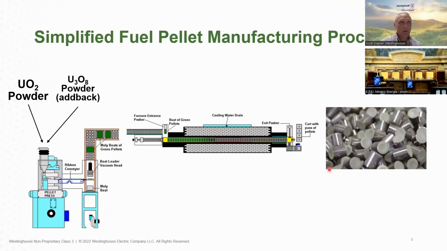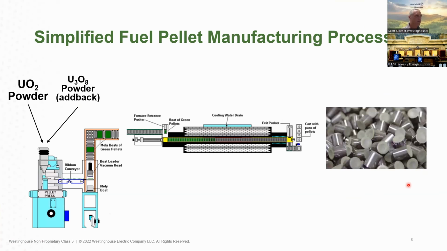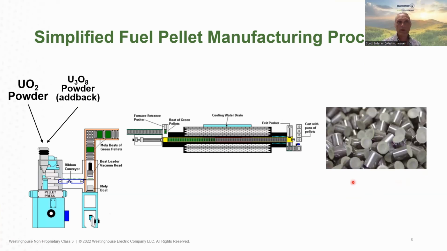There are a couple of key characteristics that we need to satisfy when we're making these fuel pellets. And our application of a neural network model, as you'll see in a moment, focuses on being able to obtain those target results in these pellets.